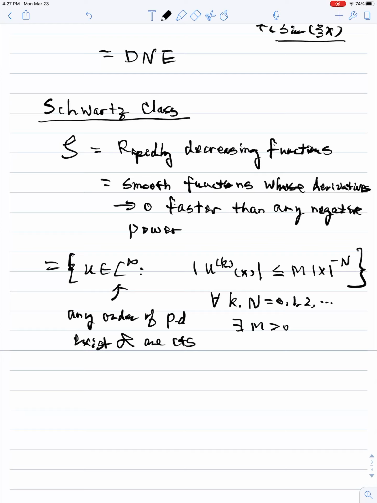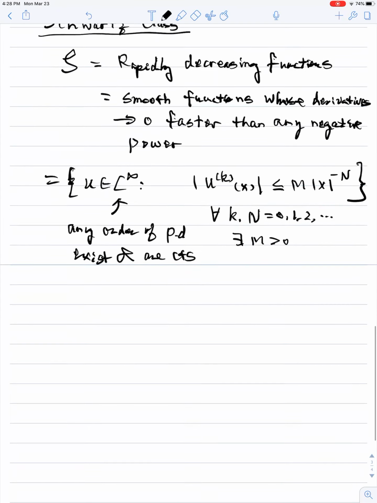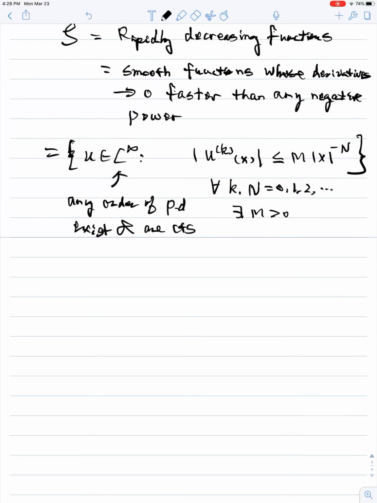These are actually the kind of function spaces you study when you study distribution theory, which in this class we are not going to focus on. But I would like to state a theorem.